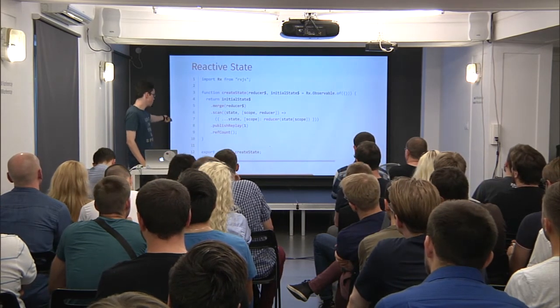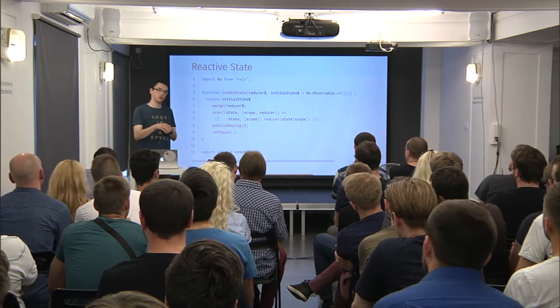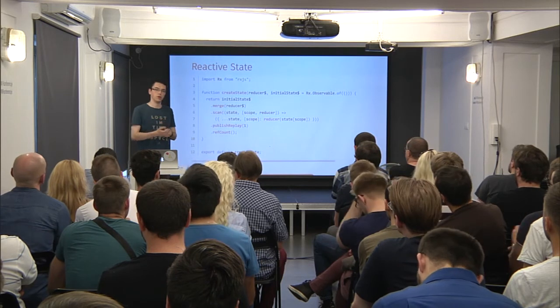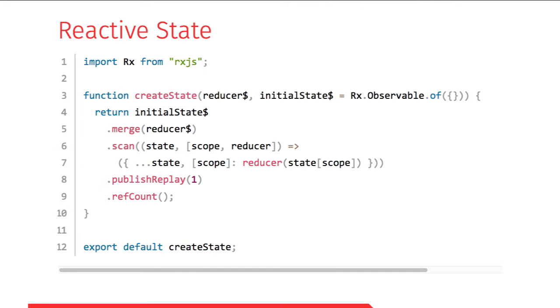And then I'm publishing replay, so when a component connects, subscribes actually, it will always get the current state, and ref count will be counting the references to my stream. If there are no references, the stream stops emitting values, and if some components start to subscribe, it becomes hot again and will emit values.